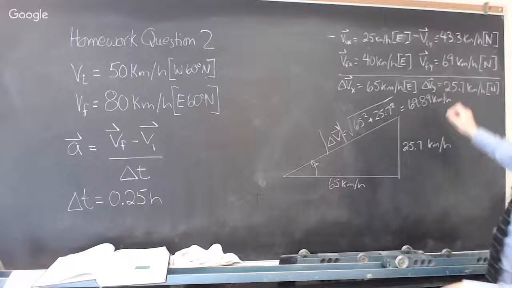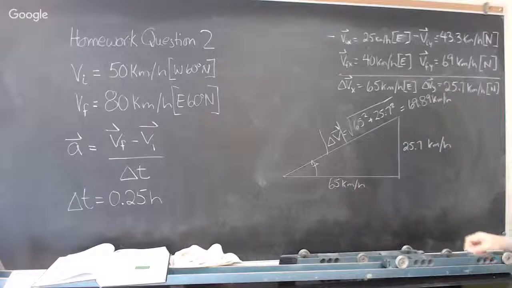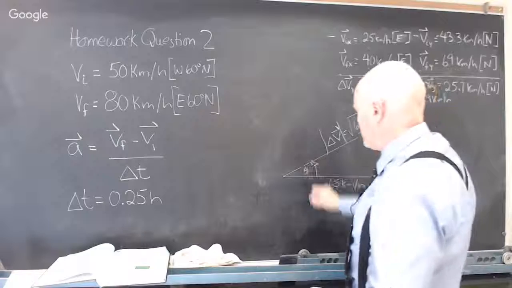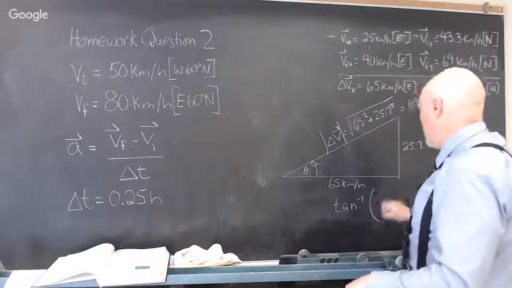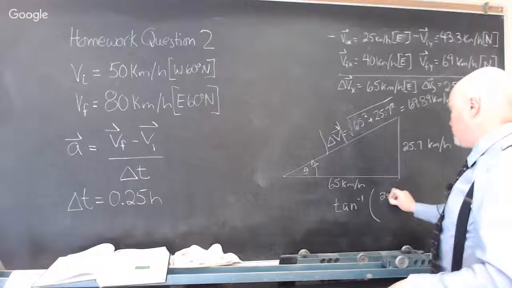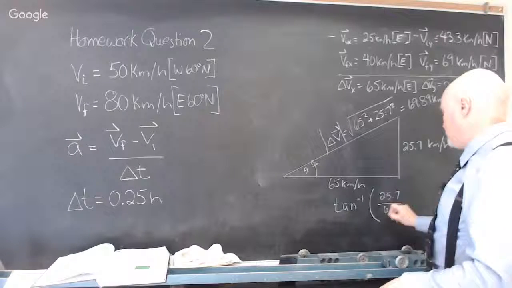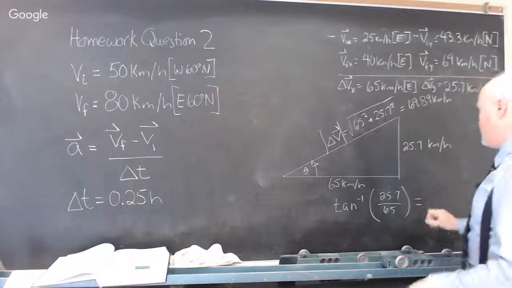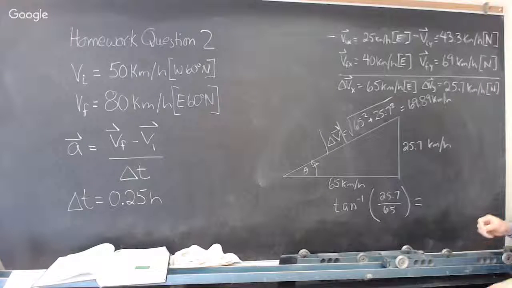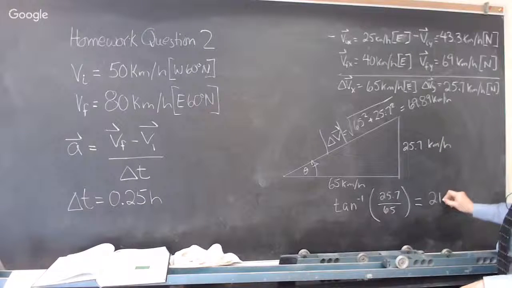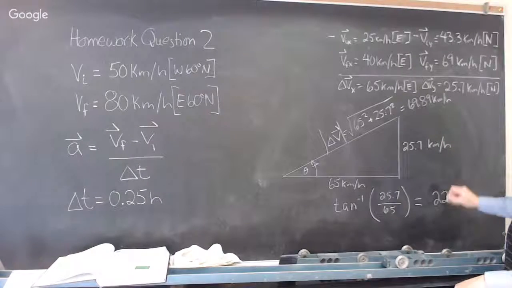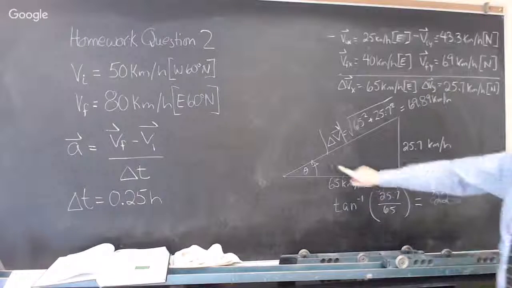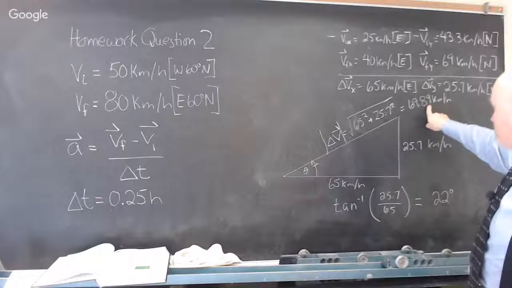And now, to find theta, we're actually going to do the arctan of 25.7 over 65. 21.57. 21.57 or 22 degrees. Okay, so there's our direction. There's our magnitude.